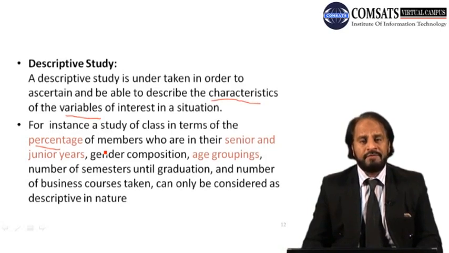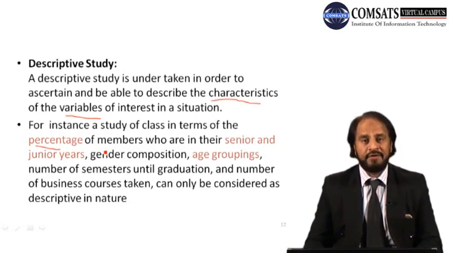Once we are able to define what a keyboard is and what its function is, we would like to know how many keyboards there are in a shop, a university, or an office. That's where we're looking at the descriptive side of the issue. The purpose of that study is descriptive in nature.